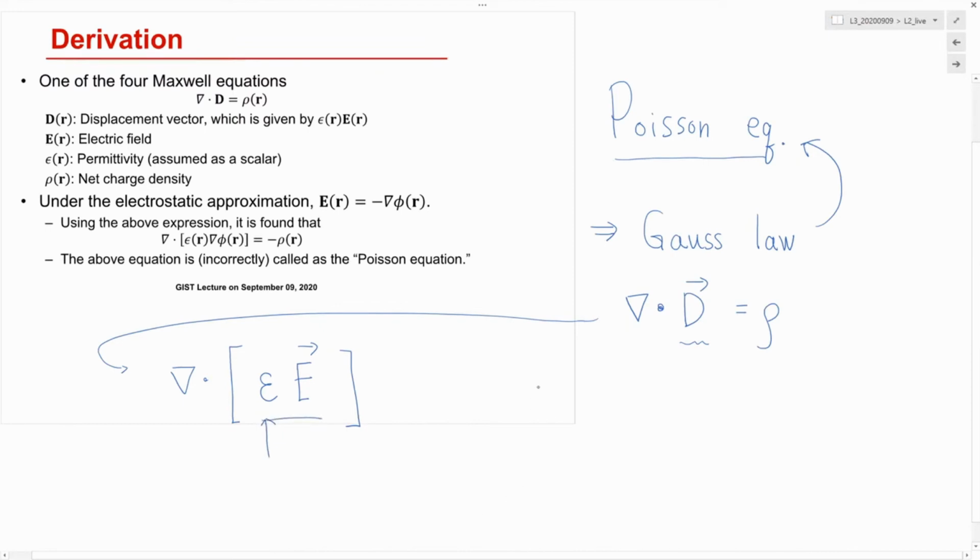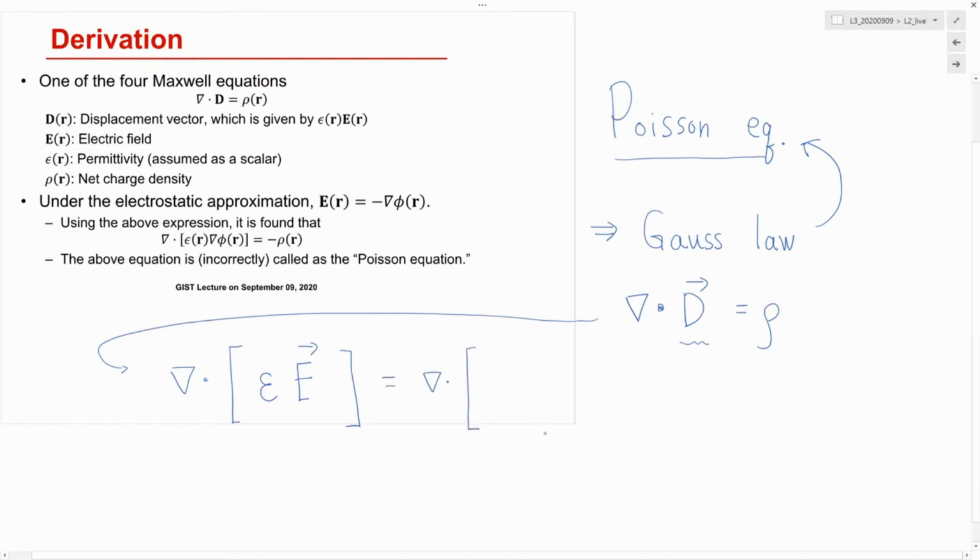Of course, generally, between the displacement vector and the electric field vector, we need a tensor permittivity. However, in this course, we will neglect this tensor permittivity. The permittivity is always regarded as a scalar one. So this is the first approximation.